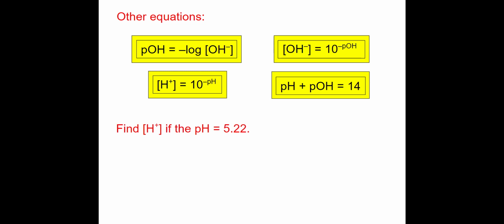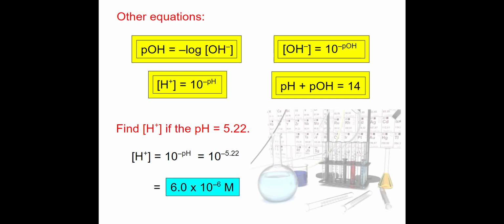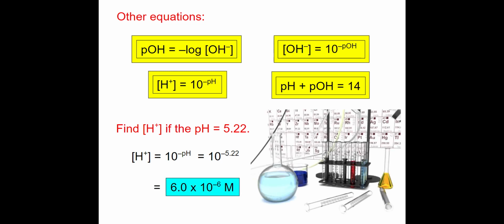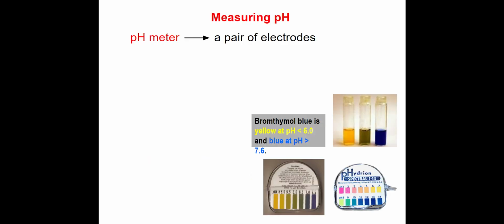So if I want to find the H concentration, if the pH is 5.22, I would take 10 to the negative of that value. So 10 to the negative 5.22, and I get an H concentration of 6.0 to the negative 6. So you want to just practice with some of those conversions to make sure you're comfortable with calculating.